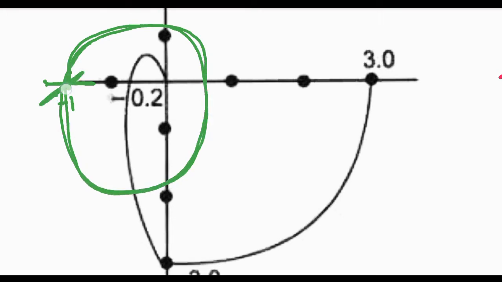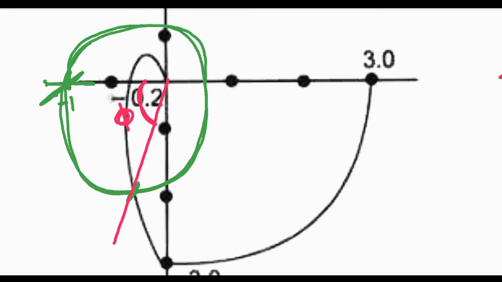This point is -1. So now here the Nyquist plot is crossing the -1 circle. I will draw a line like this, and now this line is making an angle, suppose let this angle be phi.